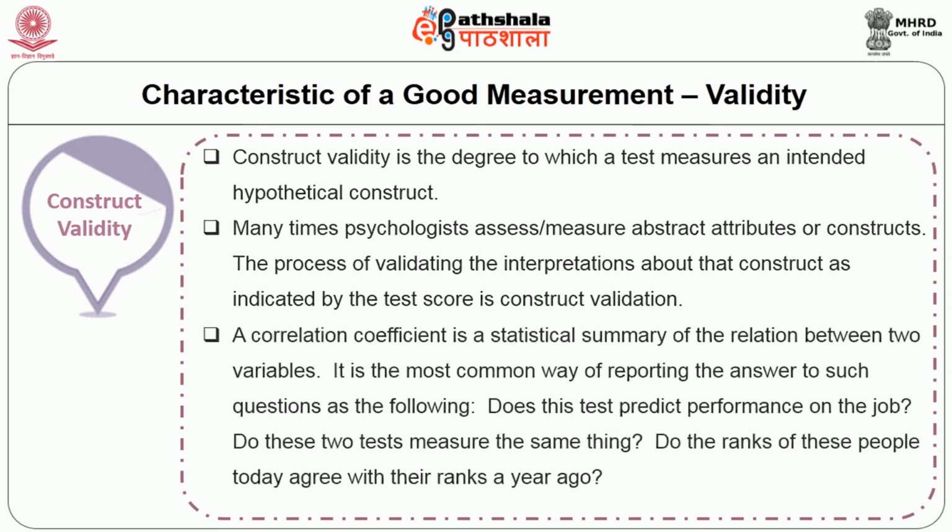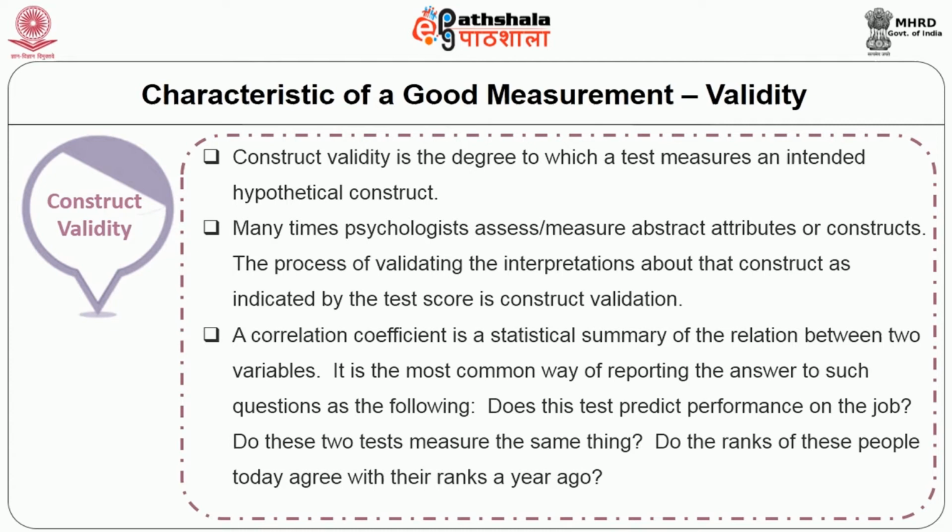A correlation coefficient is a statistical summary of the relation between two variables. It is the most common way of reporting the answer to such questions as the following: does this test predict performance on the job? Do these two tests measure the same thing? Do the ranks of these people today agree with their ranks a year ago?